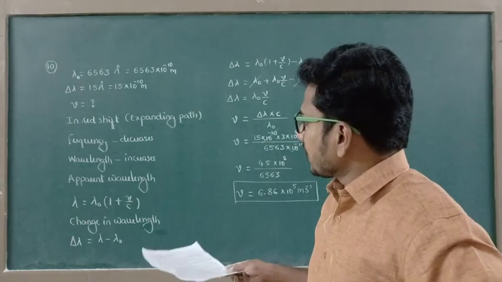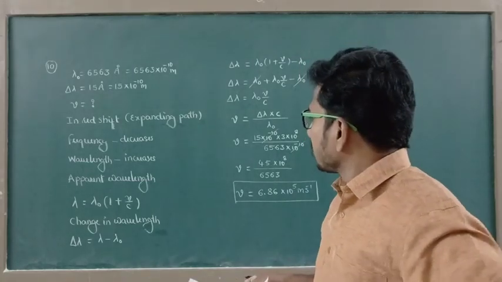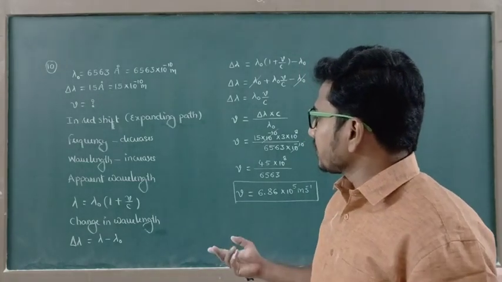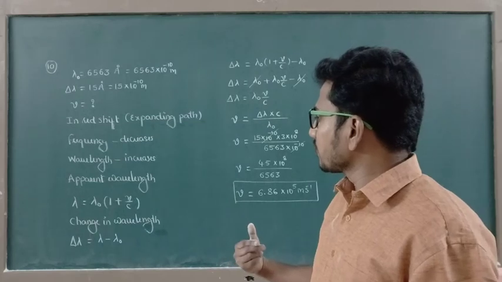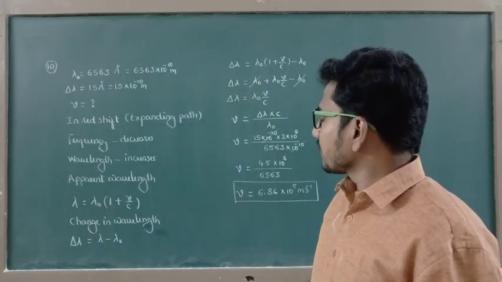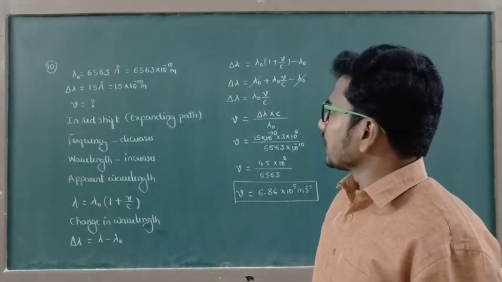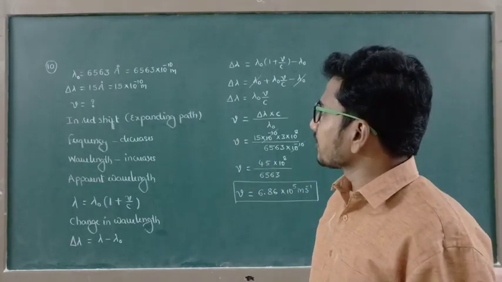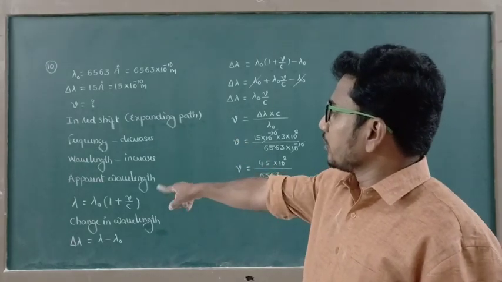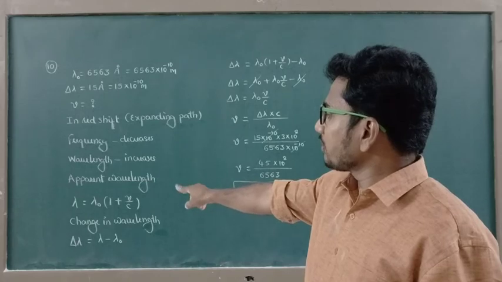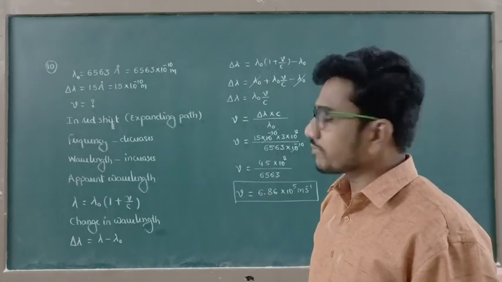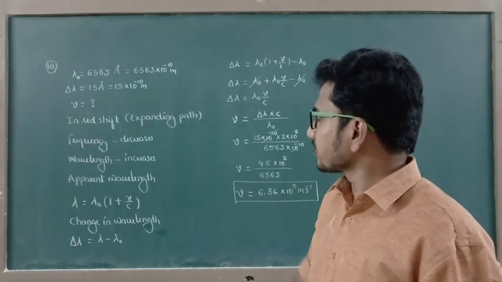So like this they may ask apparent frequency, apparent wavelength, original wavelength, like that. If given data is in terms of frequency, then you should take nu is equal to nu naught into 1 minus V by C, that is in case of red shift, frequency decreases.